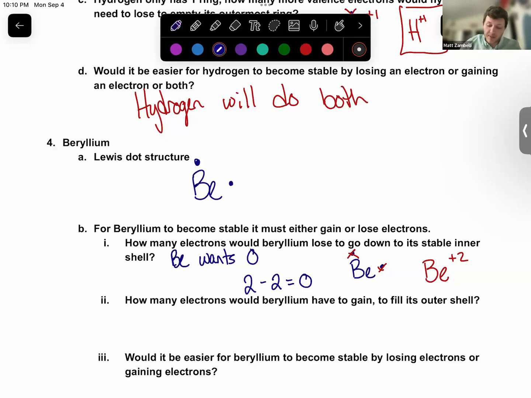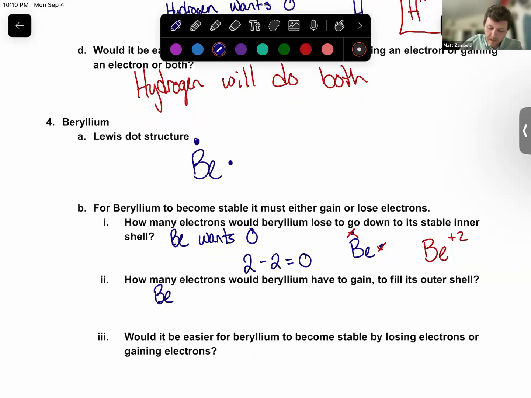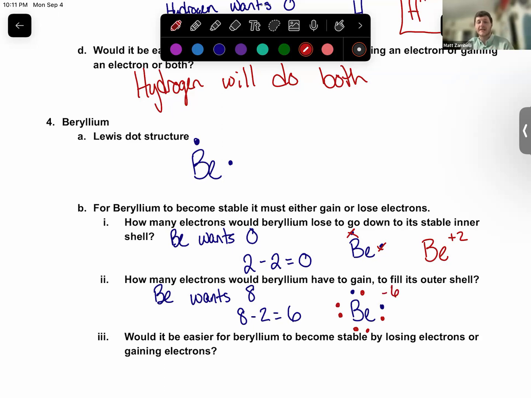The other option is that beryllium wants 8, wants to gain all its valence electrons to have a full outer shell. If it wants 8 and it started with 2, we need 6 more. So again, we start with beryllium right here with its 2, and we can give it 1, 2, 3, 4, 5, 6, and that would become a -6 charge because we gained 6 negative charges.